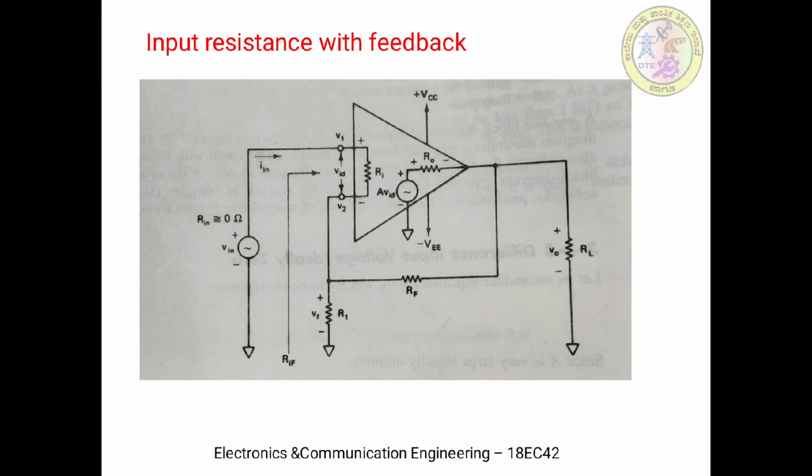So let us consider the circuit diagram of a non-inverting op-amp having feedback. As shown in the circuit diagram, V1 is the non-inverting input, V2 is the inverting input, VID is the differential input, and VID is V1 minus V2.